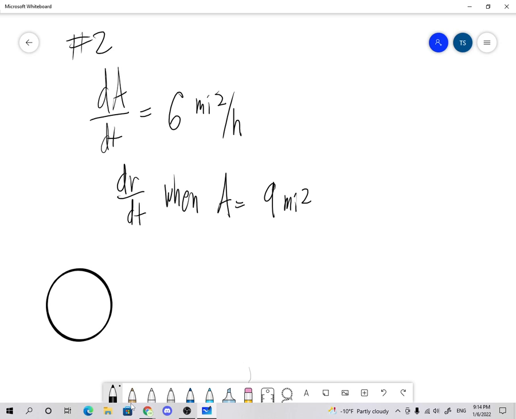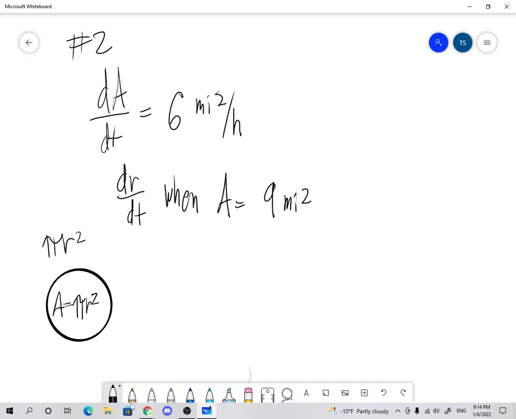And because it tells us that it's the area, we know that the area equation for a circle is equal to pi r squared. So, a couple things to note here.